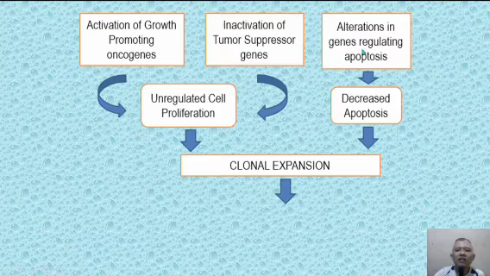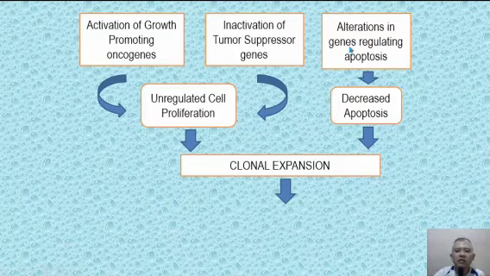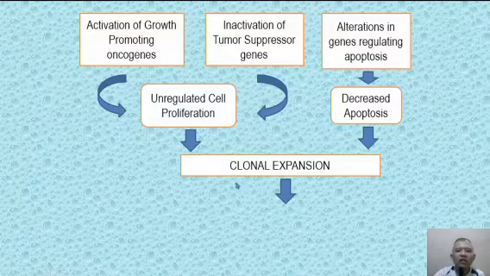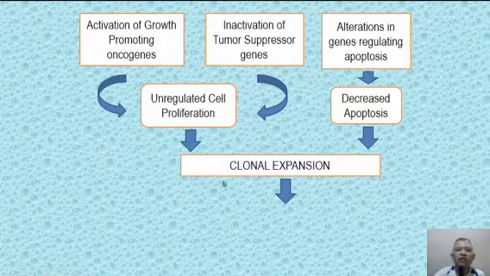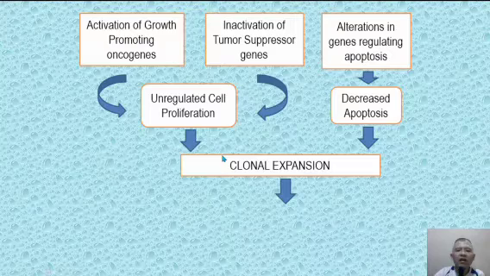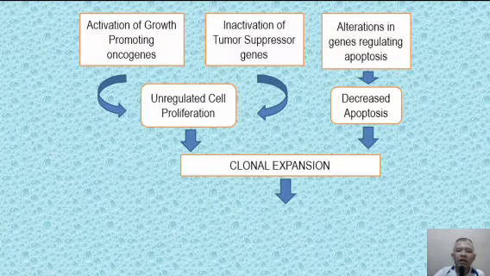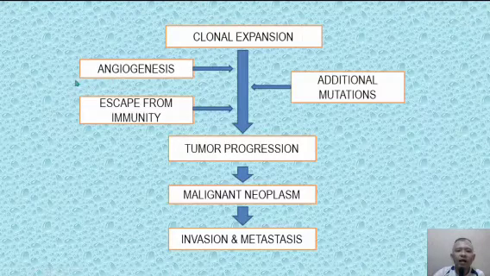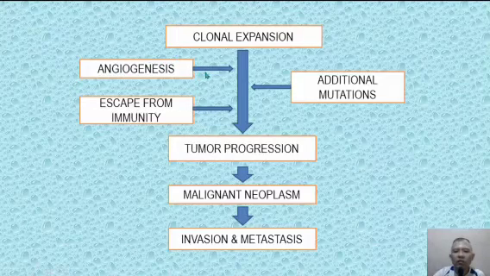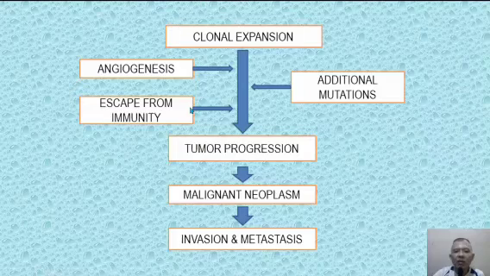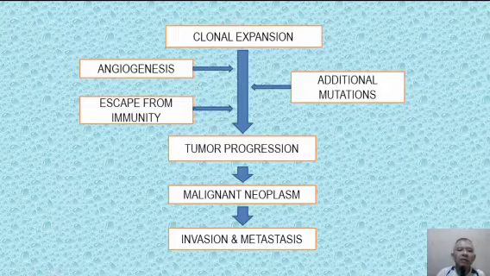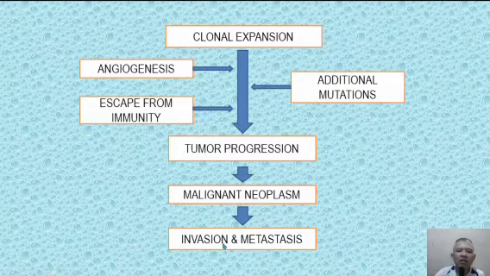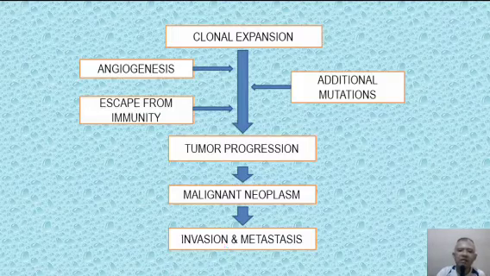These alterations in the genes regulating apoptosis, these are also tumor suppressor genes, lead to clonal expansion. These are cells that look alike. Furthermore, you have angiogenesis that brings about growth of this tumor, additional mutation, and escape from immune cells. Thus, you have tumor progression, then invasion and metastasis.